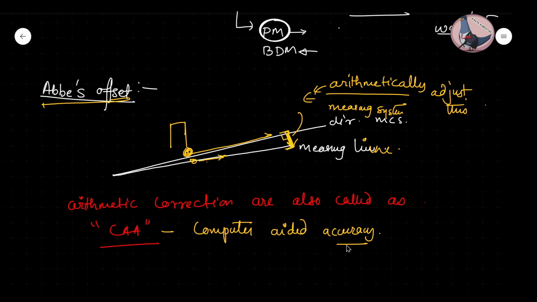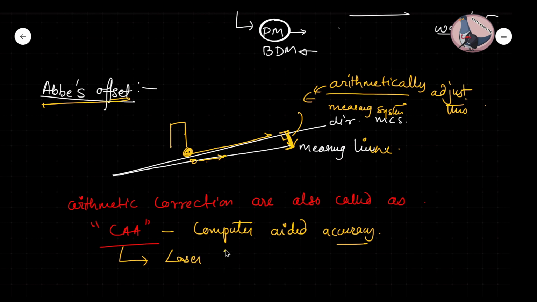So if someone is asking what is Abbe offset, it is the perpendicular distance. Can it be corrected? Yes, by arithmetic corrections, and these arithmetic corrections in technical language are also called CAA, Computer Aided Accuracy, and these are done by laser interferometers.